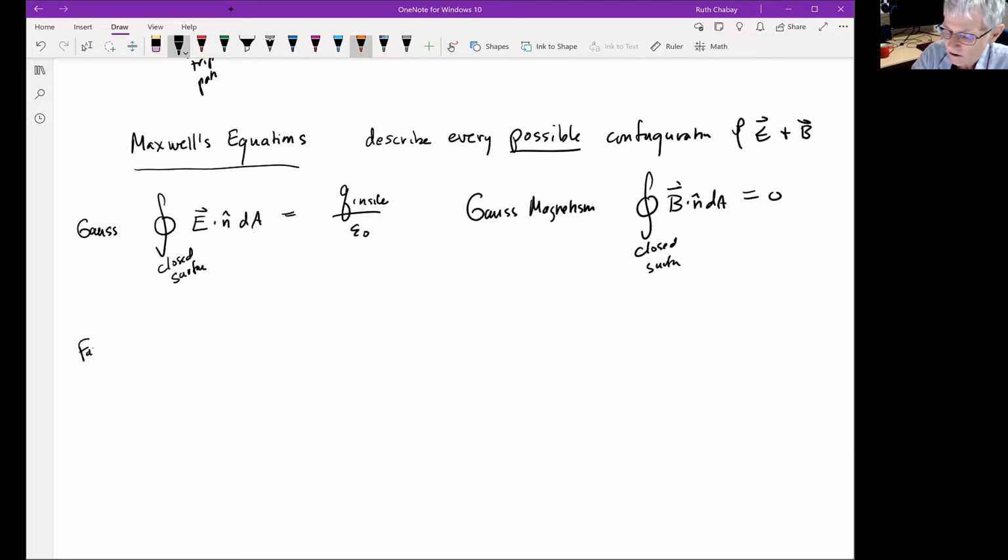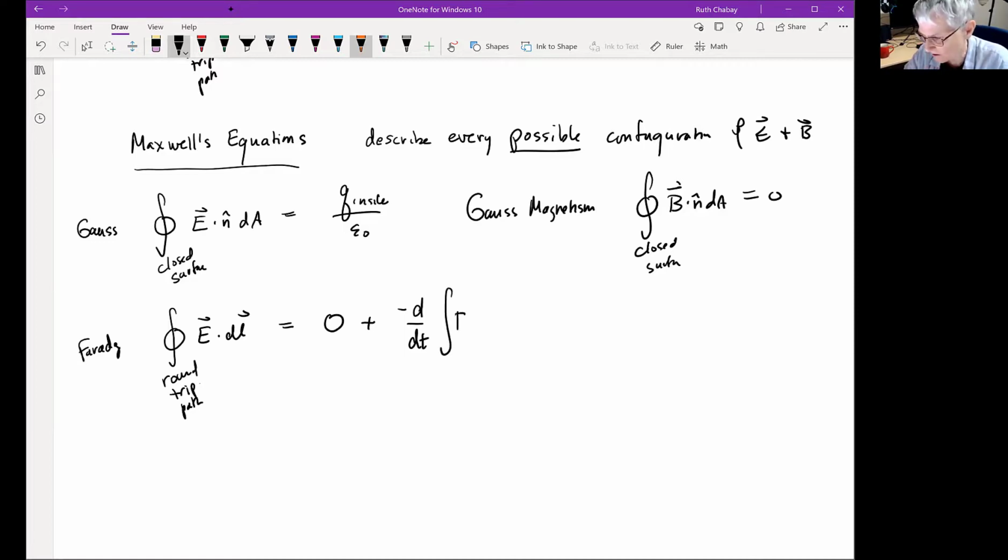And we have Faraday's law, which says that the integral of E dot dl around a round trip path is 0 due to stationary charges, but it has this component, a time-varying magnetic field or a time-varying magnetic flux, which is how we're going to calculate it on a bounded surface, the surface inside the path.